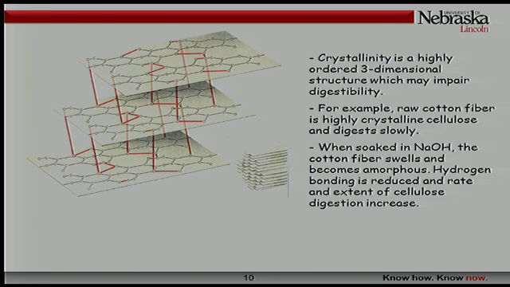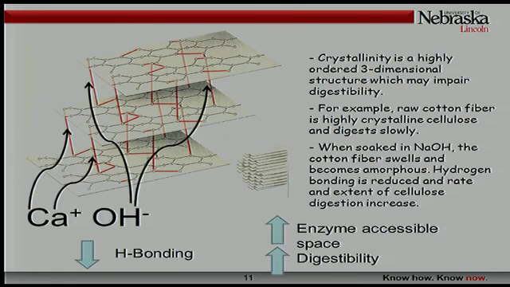So this is a cartoon of hydrogen bonding and the so-called crystallinity of the fiber. With these alkali treatments, the hydrogen bonding, those red bars, decreases, which increases the bacteria's enzyme accessible space and increases digestibility.